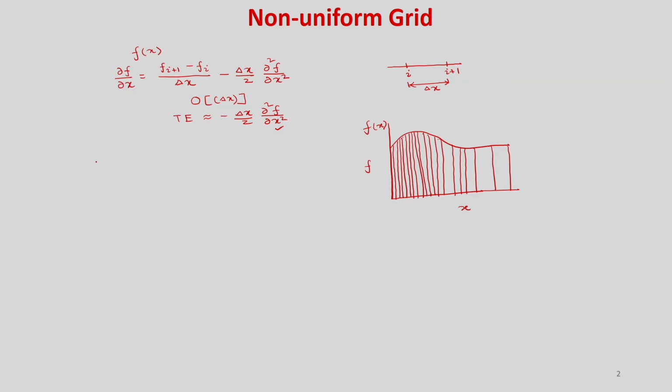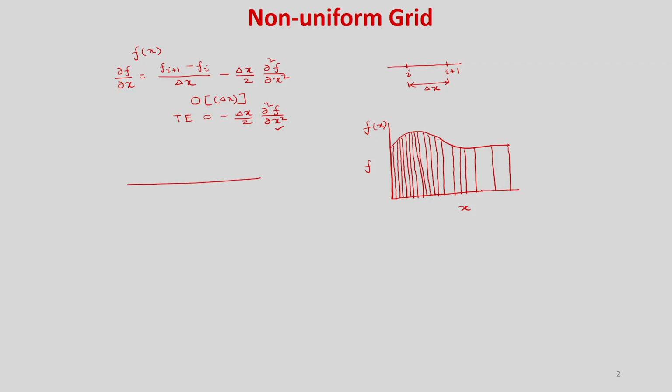There are many examples in flow physics where, near the solid region, we have higher flow gradients. Say the velocity gradient will be more. Consider flow over a flat plate.